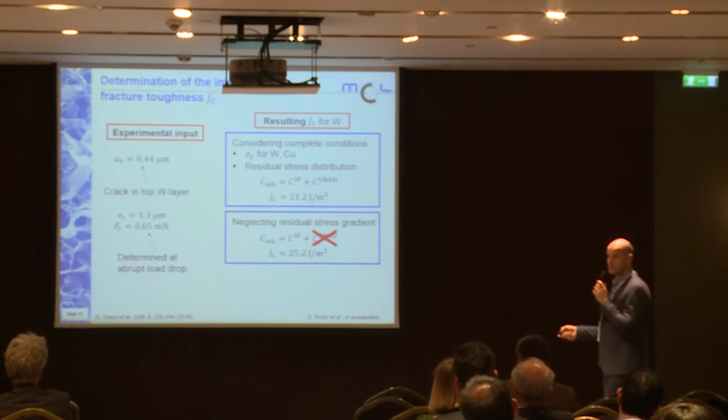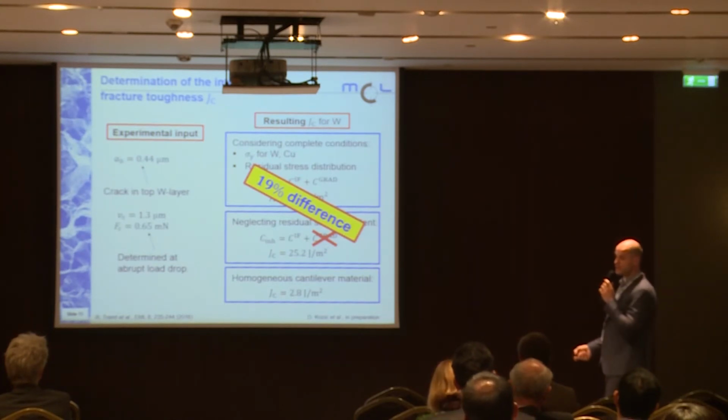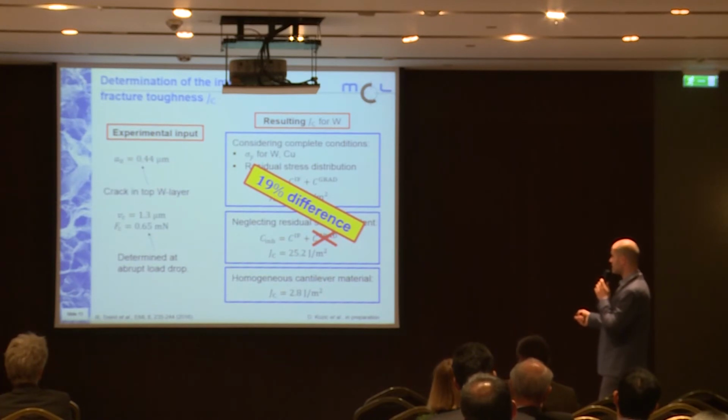And if we consider a homogeneous linear elastic cantilever material, we would get a JC value of 2.8 joule per square meter, which is very far off. What is important is that this value compared to the other is 90% higher. So it is very clear that the gradient term has to be considered in the calculations.